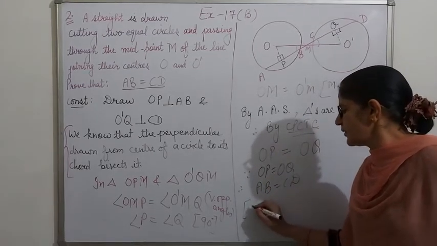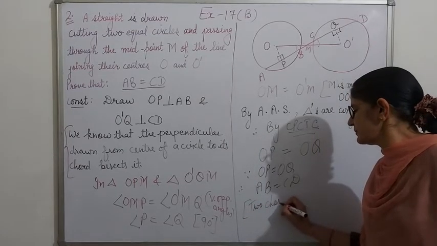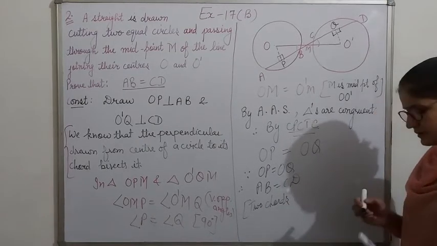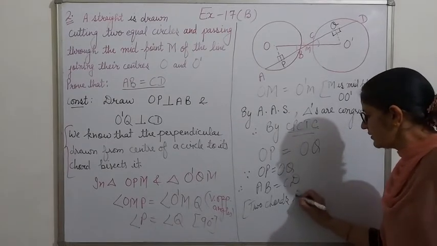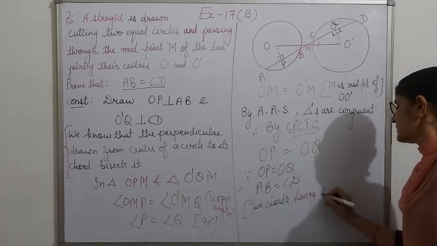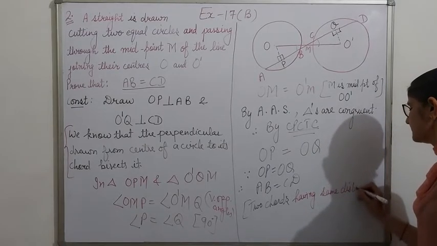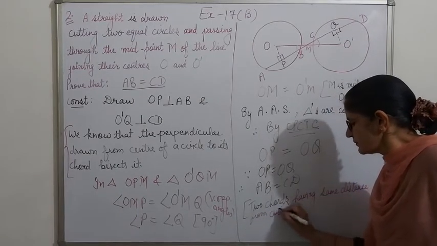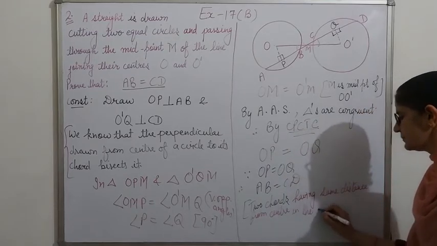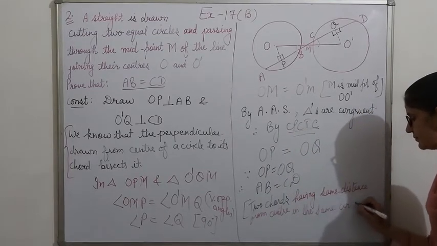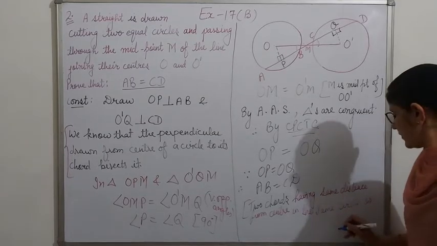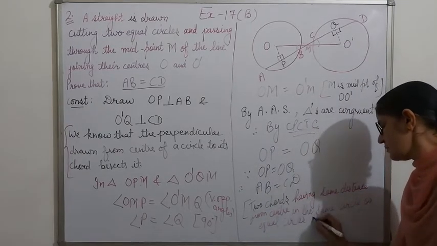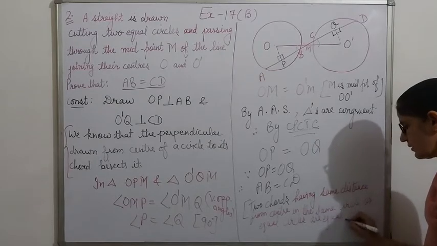Reason you have to give here: two chords having the same distance from the center in the same circle or equal circles are equal in length.